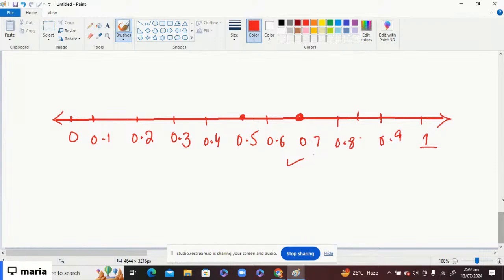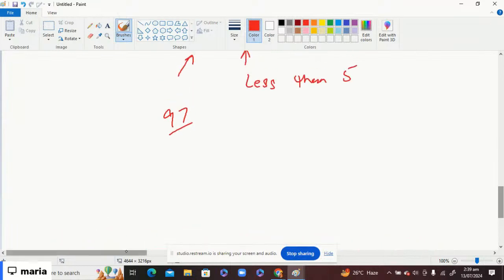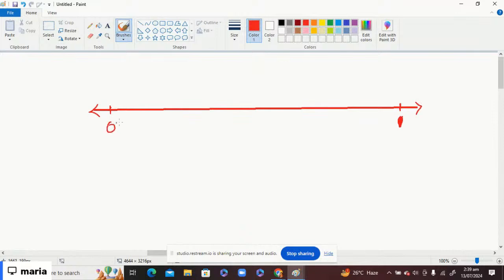Understand? If they write it this way, for example, they just draw the number line and say here it's 0, here it's 1, and they mark a point to find this number.